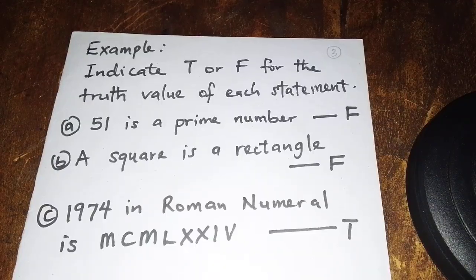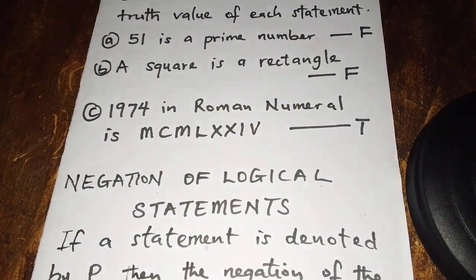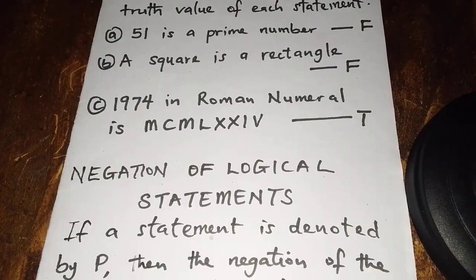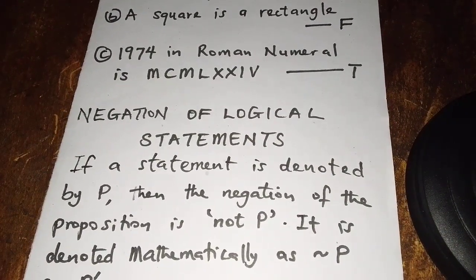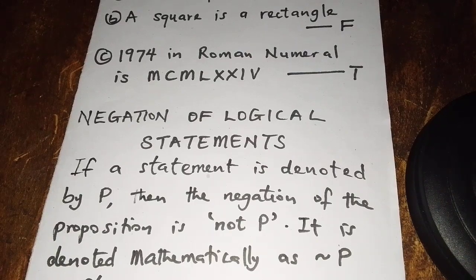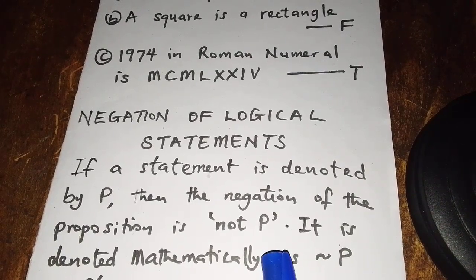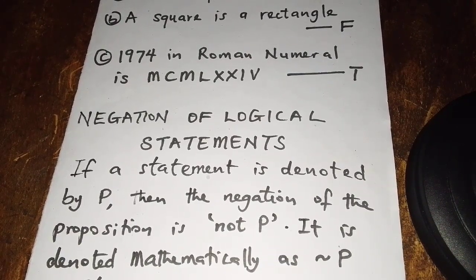Now, let's go to negation of logical statements. If a statement is denoted by P, then the negation of the proposition is not P. Negation is the opposite of a statement.